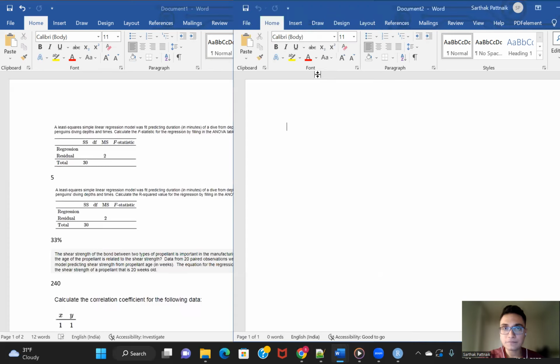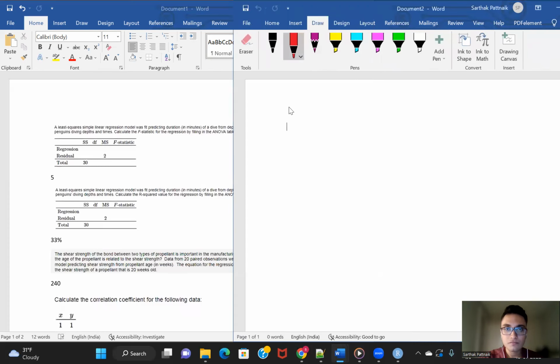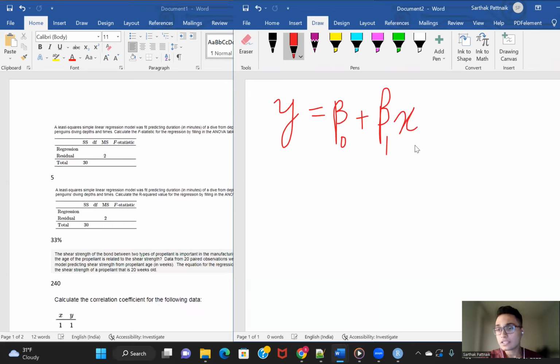If my simple linear regression equation is like this: y is equal to beta naught plus beta 1x.